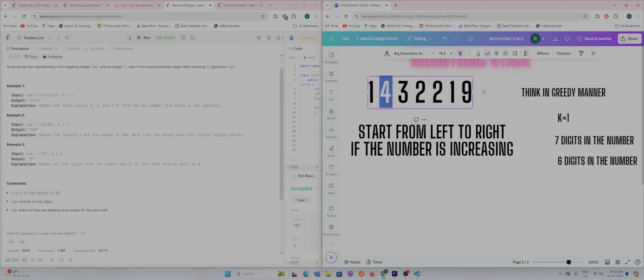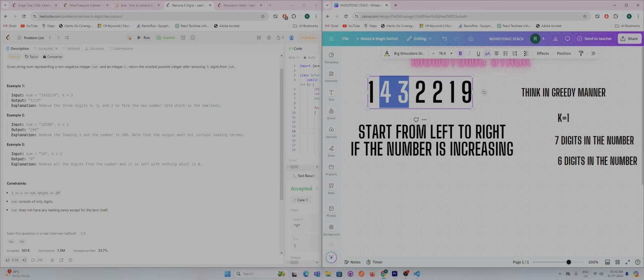Now the 4, which is a bigger number than the 1, is going to take its place, right? So 4 is going to take 1's place. I don't want that to happen. Instead, let's consider this scenario: 4 and 3.